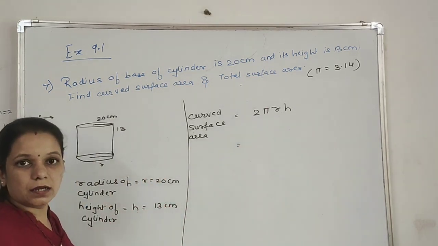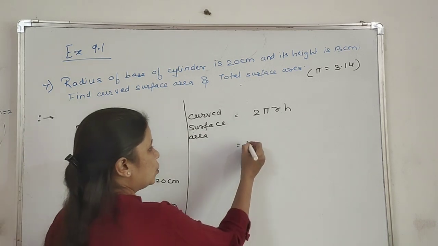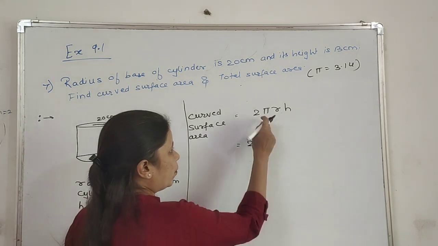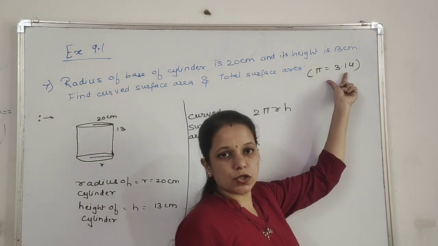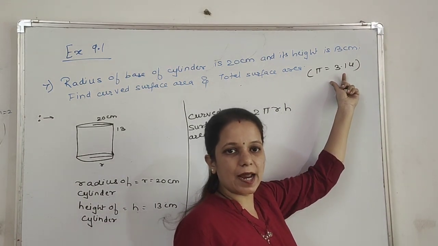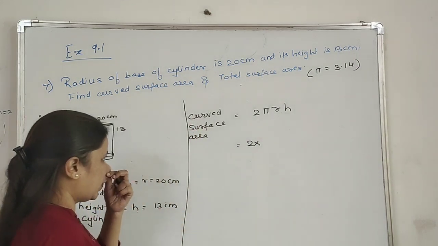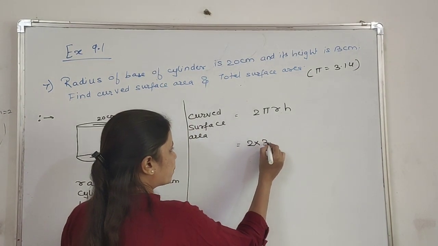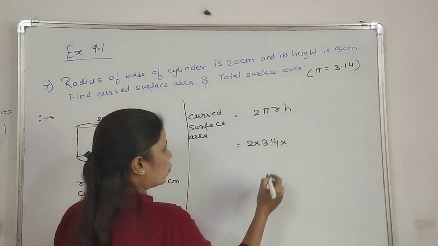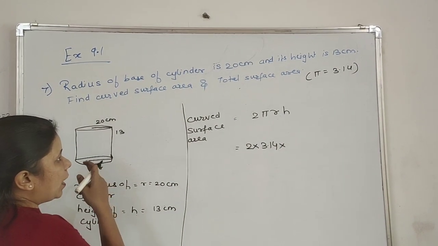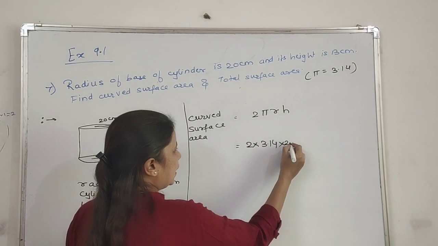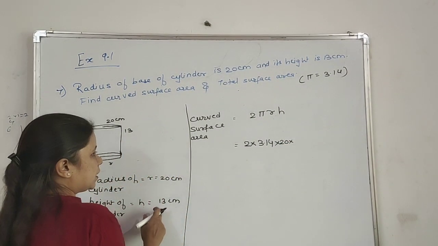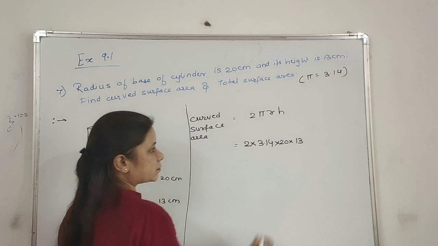Now here we will put the values. So 2 into this value of pi. They have given you in the question that you are going to use the value of pi as 3.14. So 2 into 3.14 into r. R is the radius. Radius they have given to you as 20 into height of the cylinder is 13.